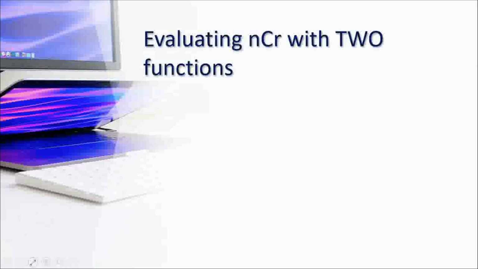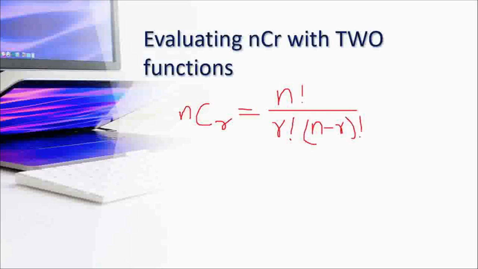So let me try to write it down. NCR is commonly written like this: NCR equal to n factorial divided by r factorial into n minus r factorial. So this is what NCR is.